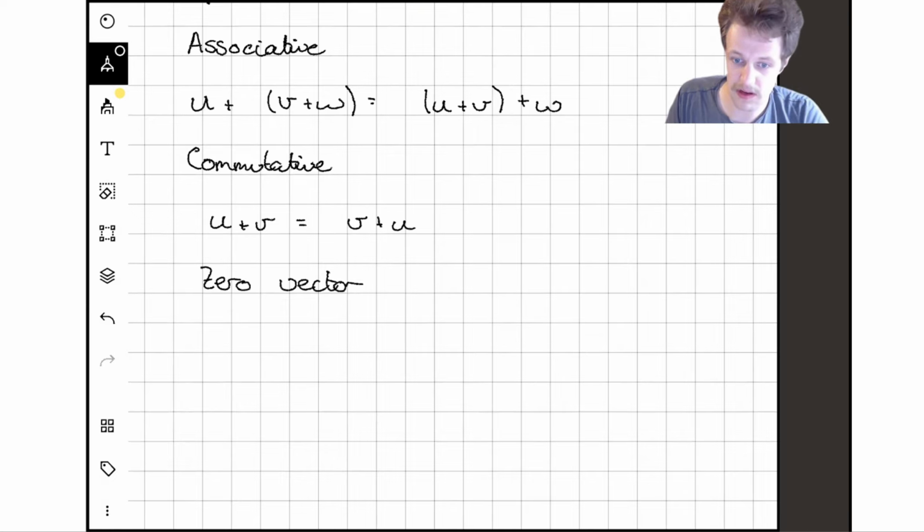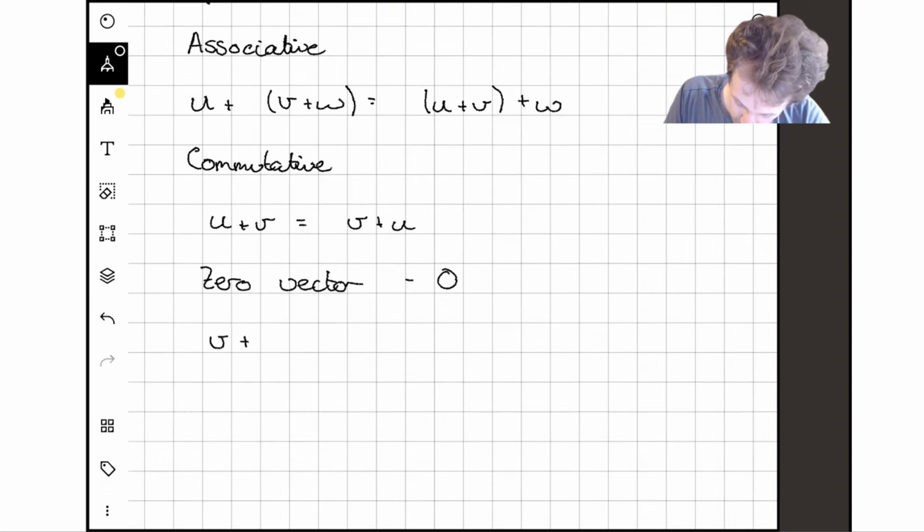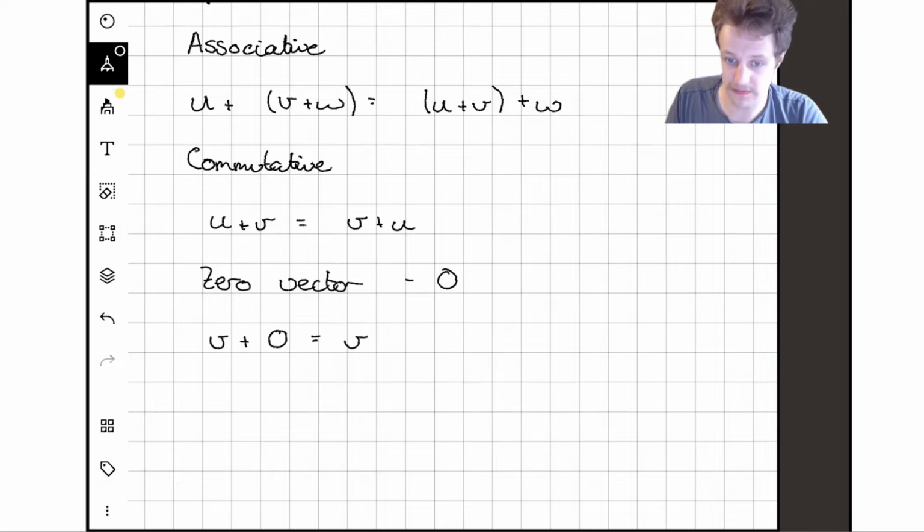That means there is some special vector we call 0, so that when we do v plus 0, we always get back v. No matter what v is, when we add this special 0 vector to it, we get back v. It's important to note that this 0 lives in the set of vectors. It lives in the V set. It doesn't live in the set of scalars.